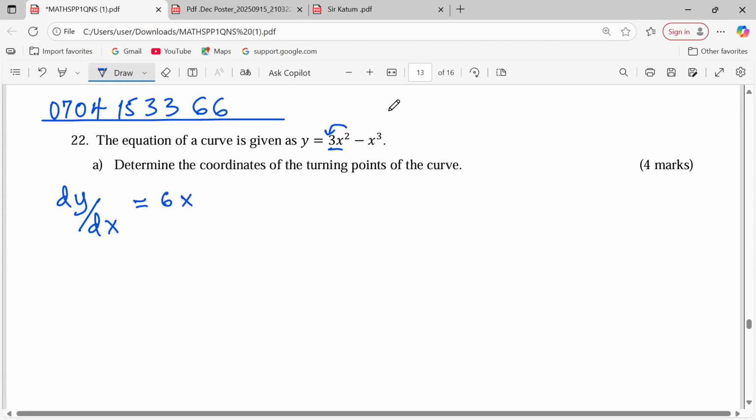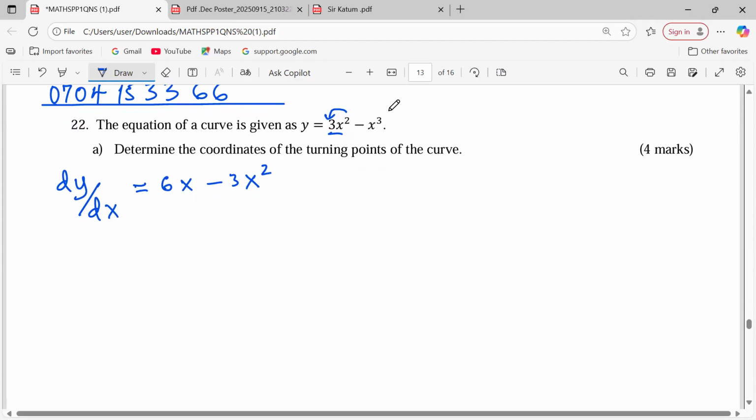Then x is now power 1. So the power reduces by 1. Minus the power here is dropped. The coefficient of x power 3 is -1. So -3. Okay, 3 times -1 is just -3. And x is now squared. This is the gradient function of the curve.